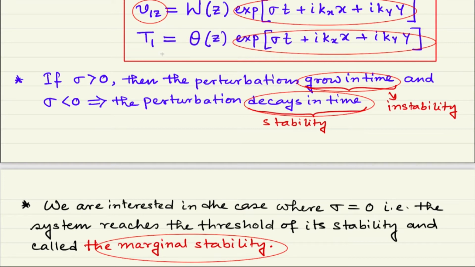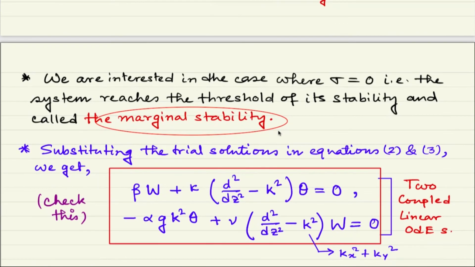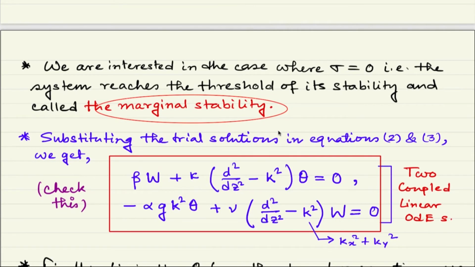On the other hand, if your system is oscillatory but has a decaying time dependence, then this oscillatory behavior will also decay in time, giving you the original state, which was the static hydrostatic equilibrium, the steady initial state.